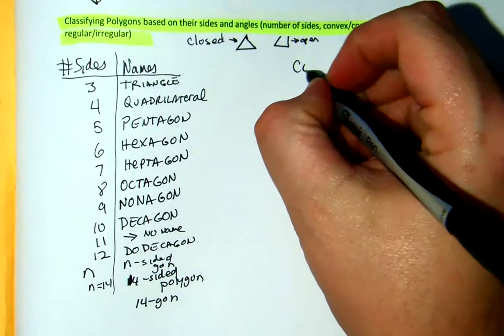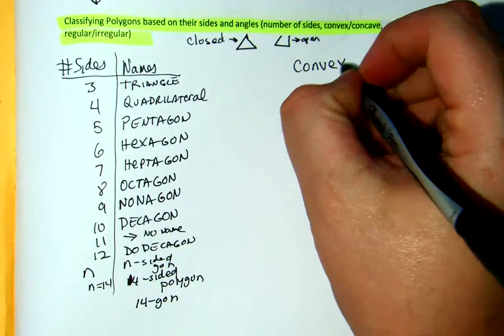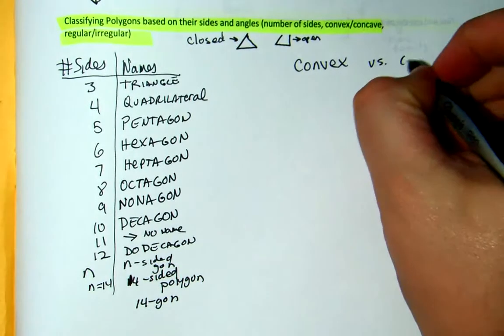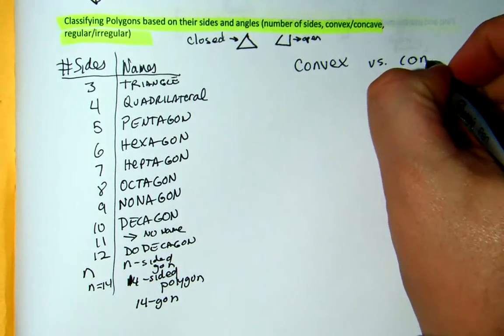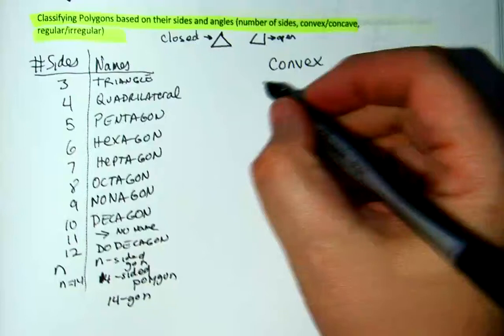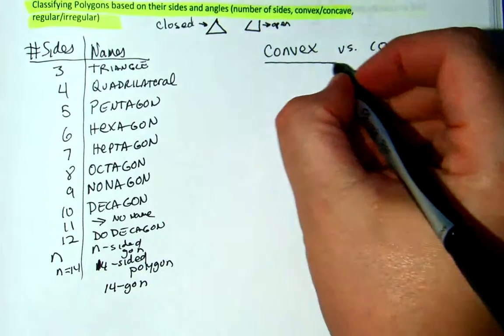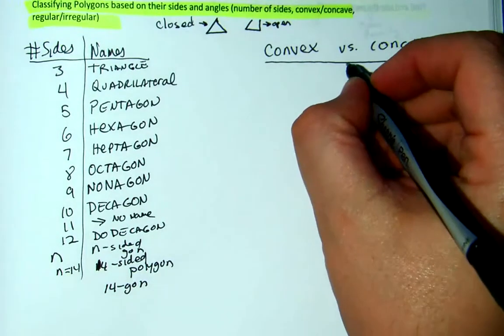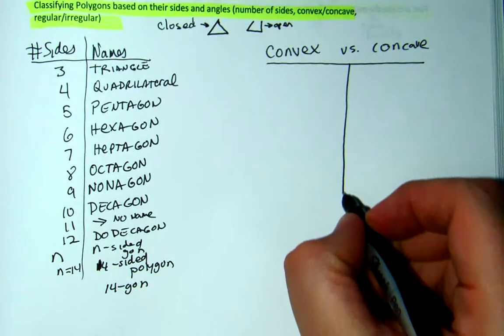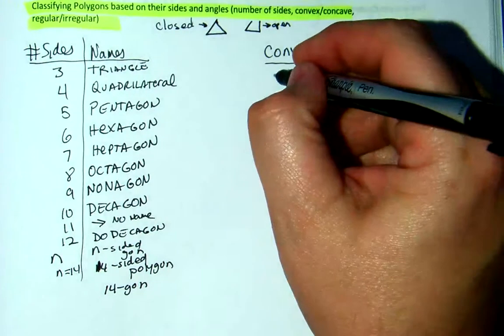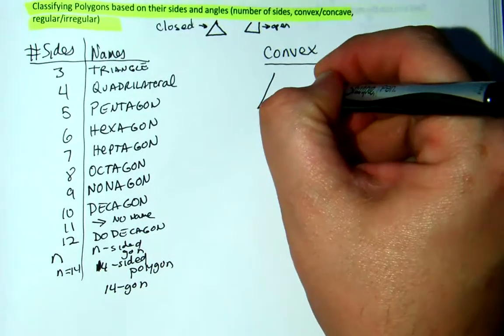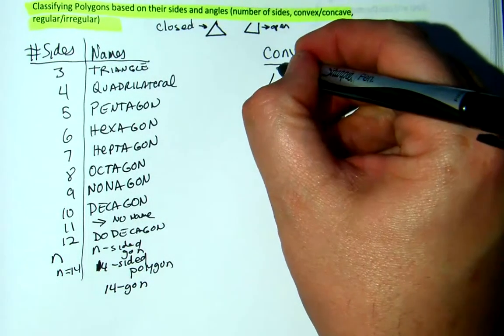Now, next up, convex versus concave. And the best way to describe these is to show you different ones. A convex polygon looks like this.